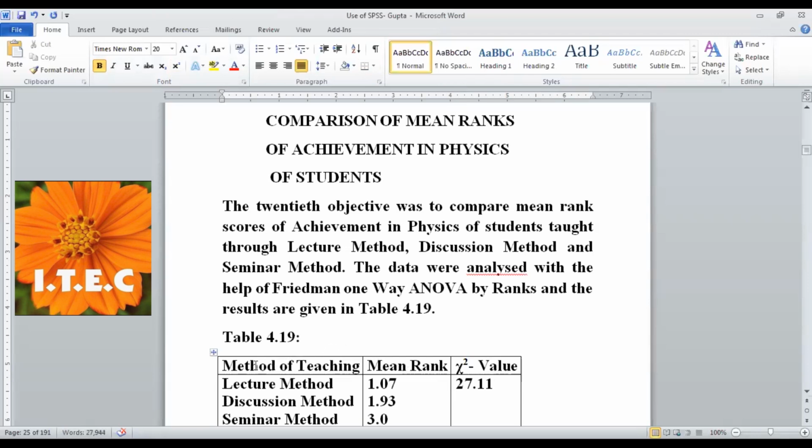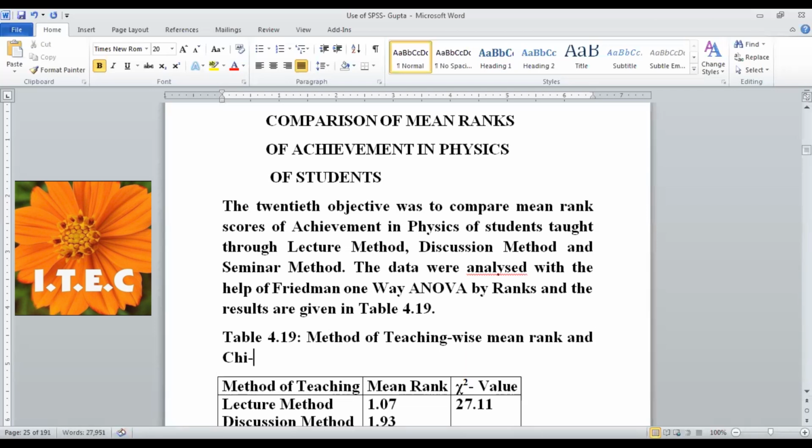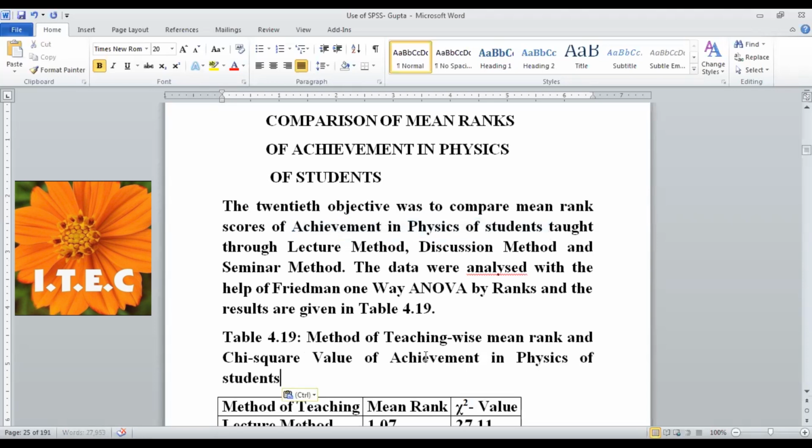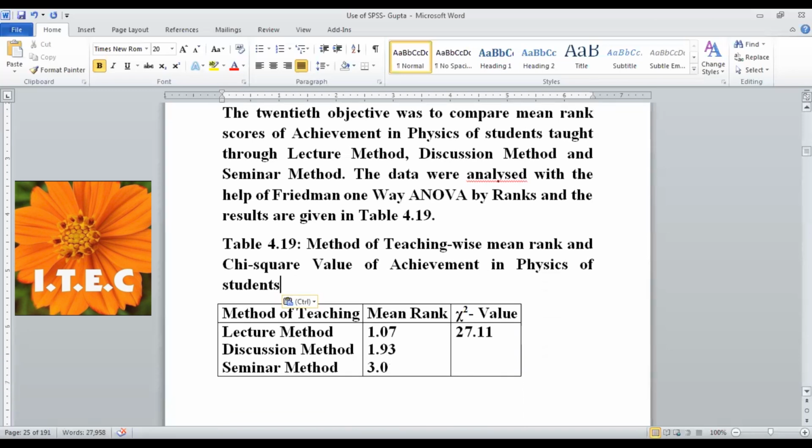Now, methods of teaching wise, mean rank and chi-square value of achievement in physics of students. I hope you have understood up to here.